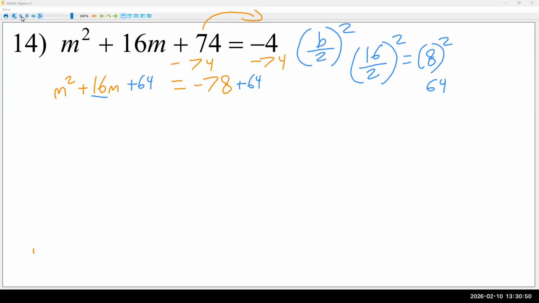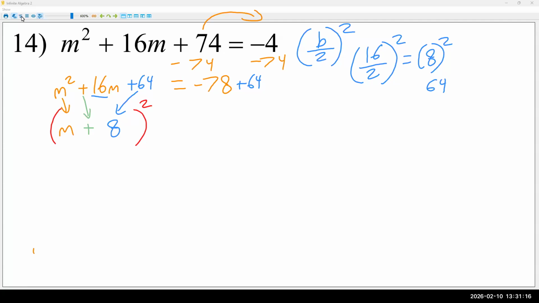Right? And I know that this is a perfect square trinomial, so it's going to factor into a binomial squared. Well, what does it get? Well, this right here is my m. The sign is positive, and the square root of 64 is 8.